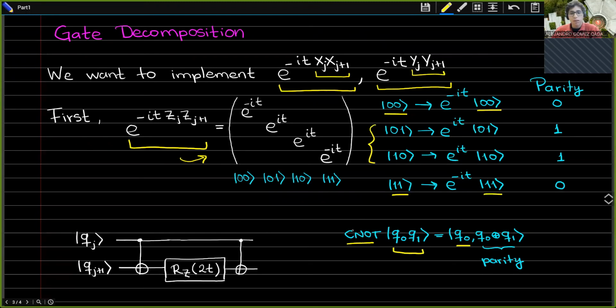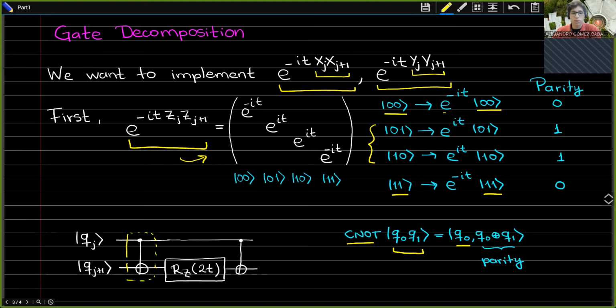So first we identify the parity by applying a CNOT gate here. Here's the circuit. So once we have the parity in the second qubit, we can apply a rotation, which is going to give the phase we want.